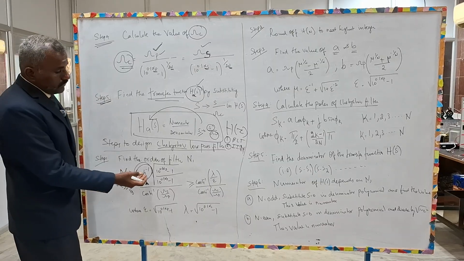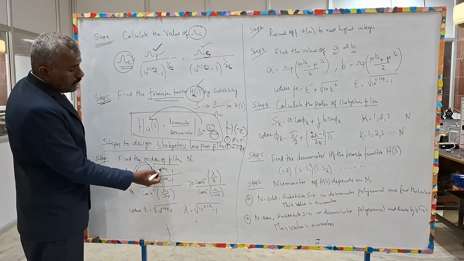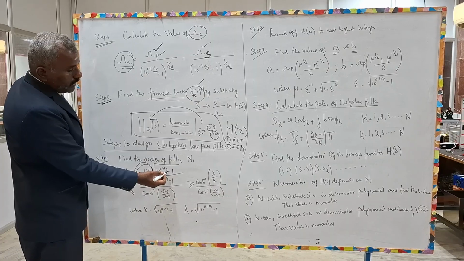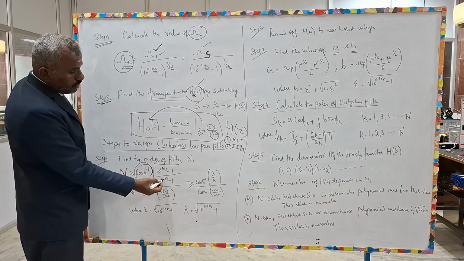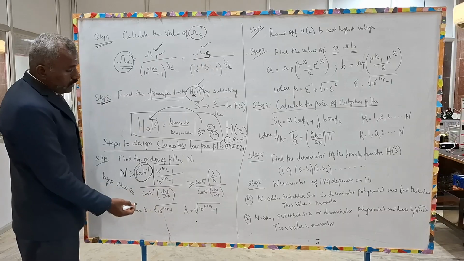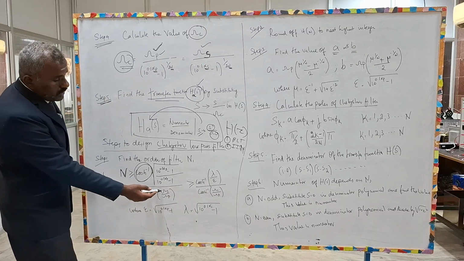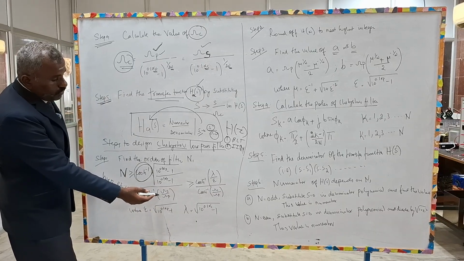From that, cosh inverse of the square root of (10 to the power of 0.1 α_s minus 1) divided by (10 to the power of 0.1 α_p minus 1), whole divided by cosh inverse of Ω_s divided by Ω_p.